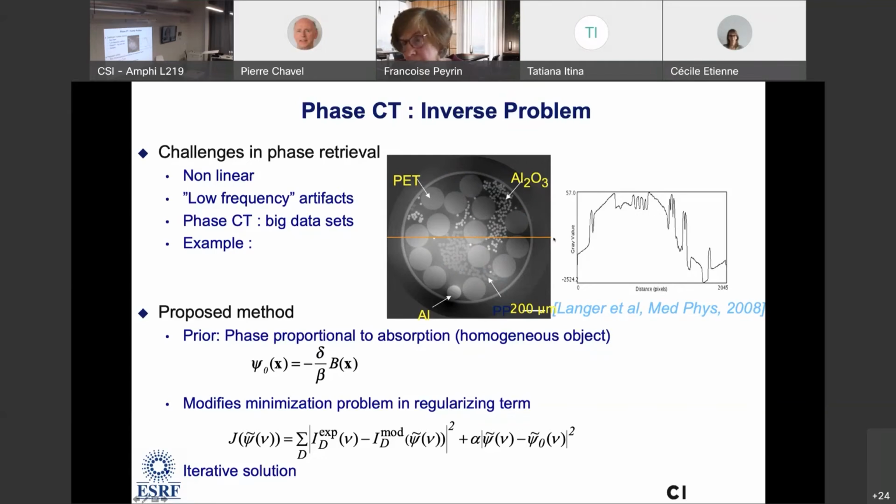And if you make a profile of this image, you can see that you have a non-homogeneous background. It's not flat as it should be, but it is circular.